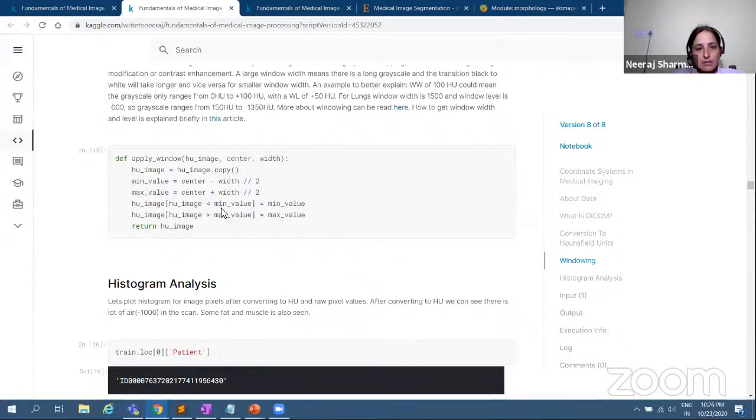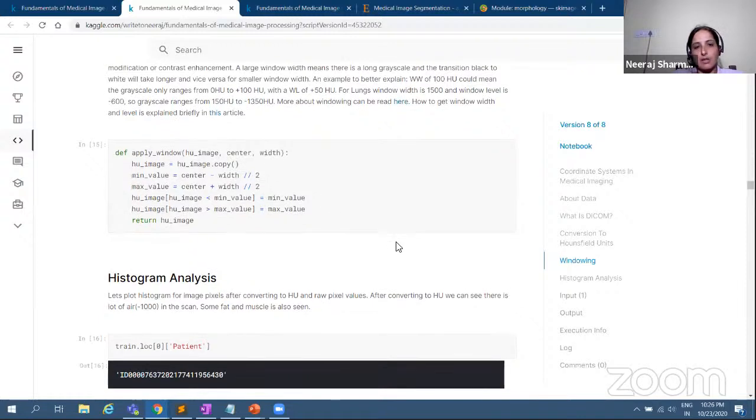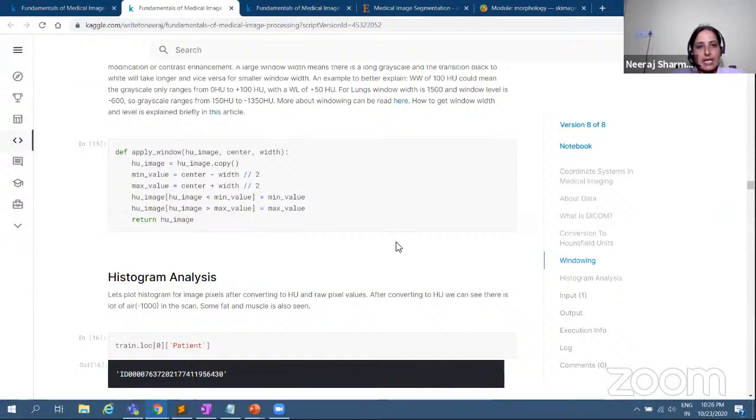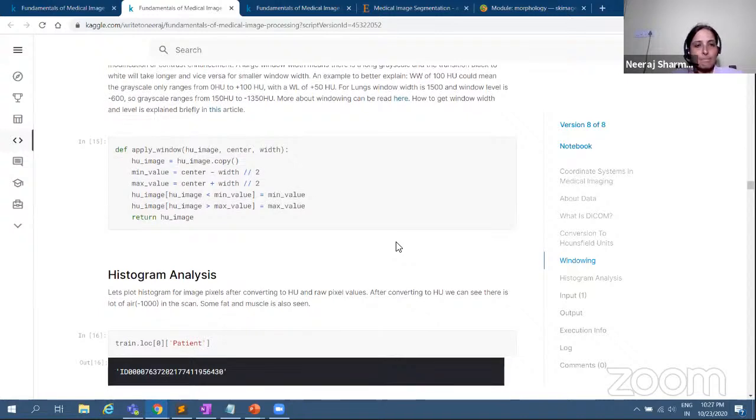Anything below the minimum value, we set to the minimum value, and anything above the maximum value, we set to the maximum value. So basically we get only the grayscale range in between the minimum and maximum values. We will see the usage of this method later.